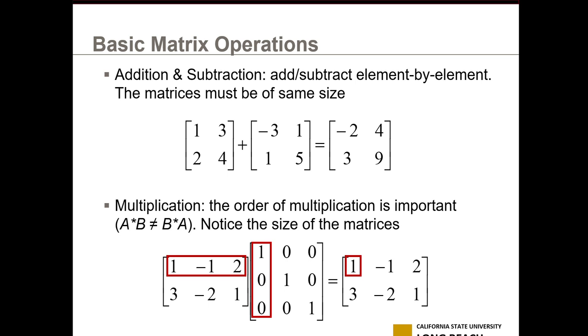Multiplication. If you remember, there's a slick little trick that we learned last week where we said, okay, if A is a 2 by 3 and B is a 3 by 3, we need those inner numbers to match. That's the same as saying the number of columns in the first matrix must match the number of rows in the second matrix.